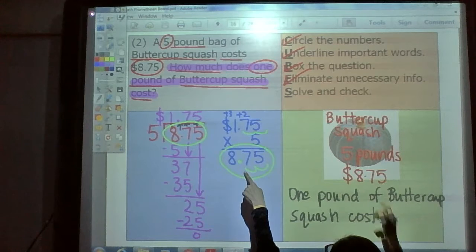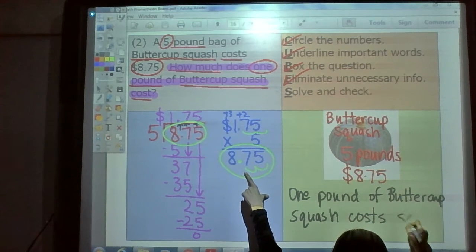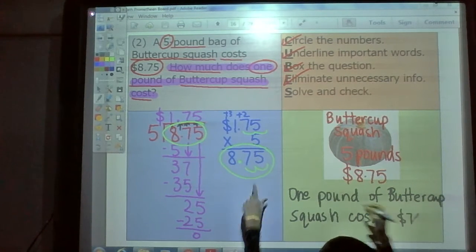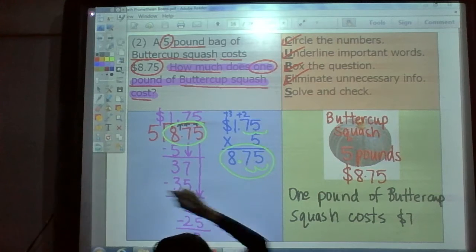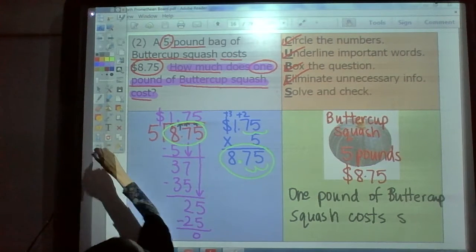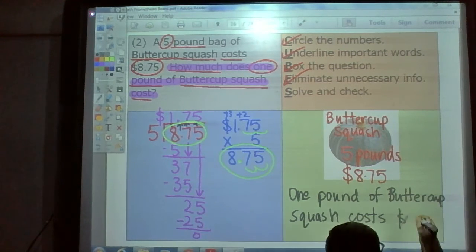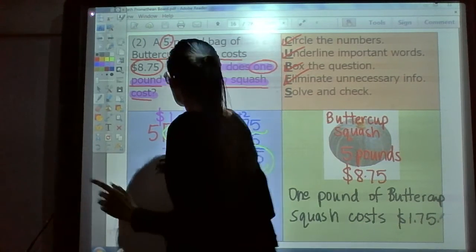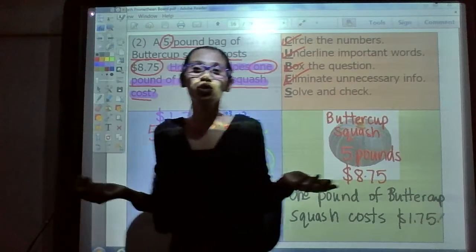Not $8.75. That's for 5 pounds. $1 and, oh no, what did I just do? $1.75, period, at the end. Bam, we are done with number 2.